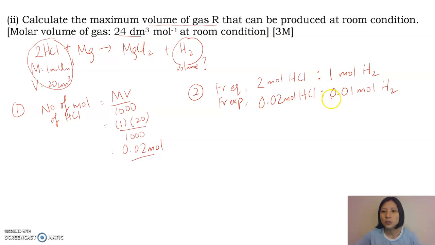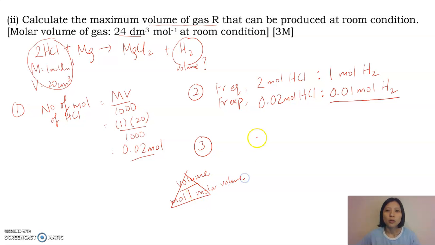Now that you know the number of mole for your hydrogen gas, we can use the triangle to look for volume. Volume is equal to number of mole times molar volume. So what is the volume of hydrogen gas?